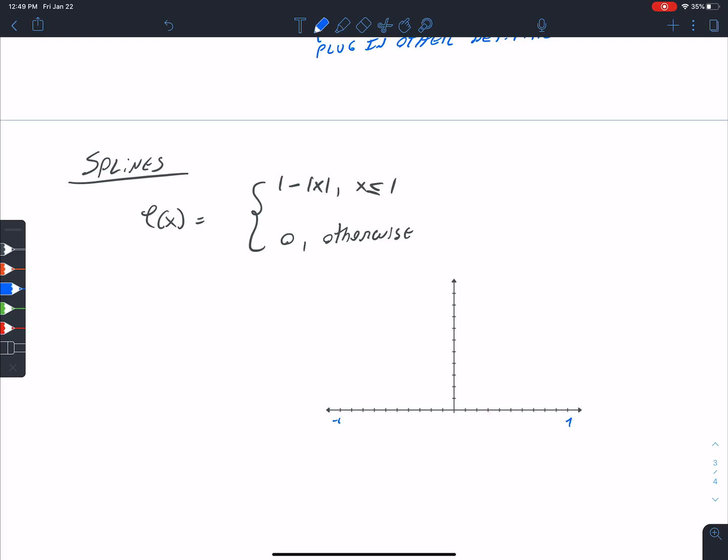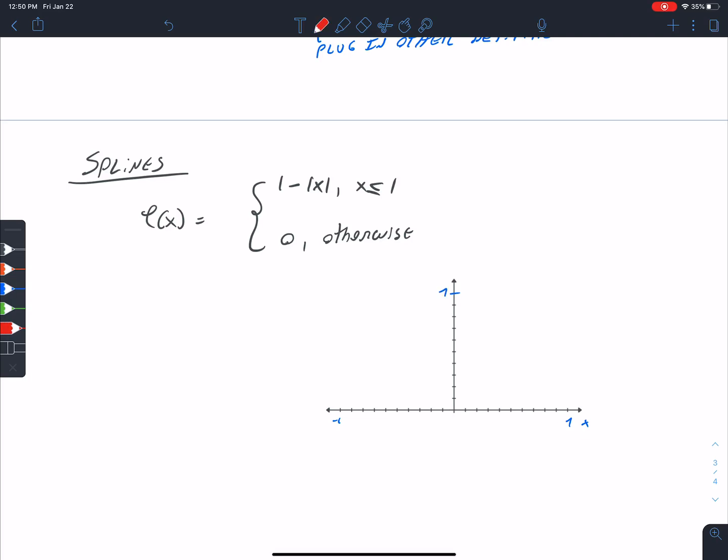So this is our x-axis. Now we're plotting this function, and let's say this value here is 1.